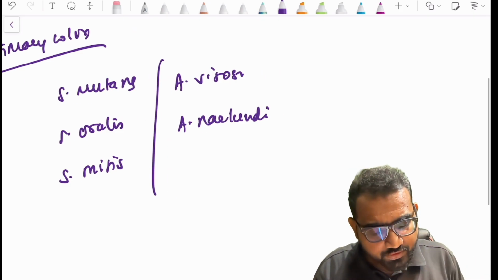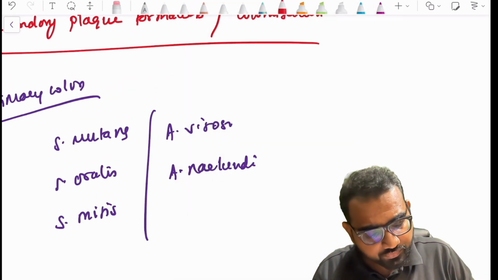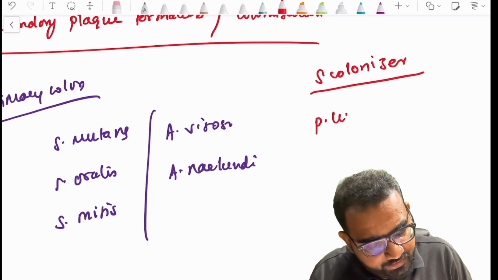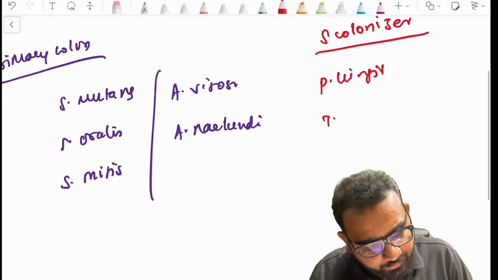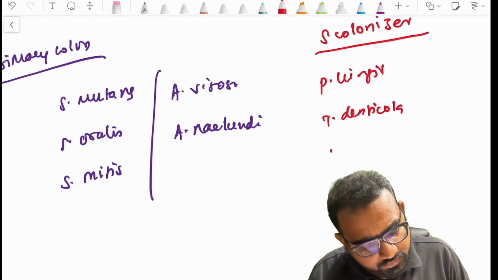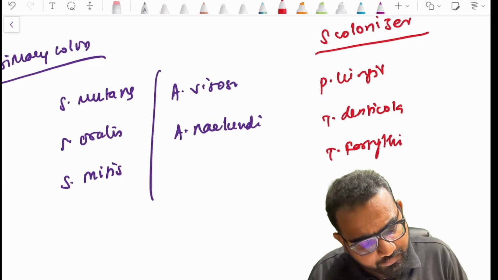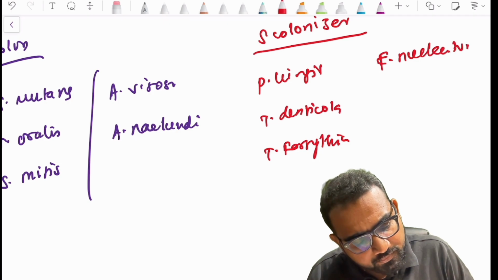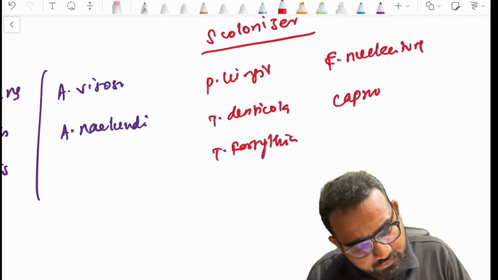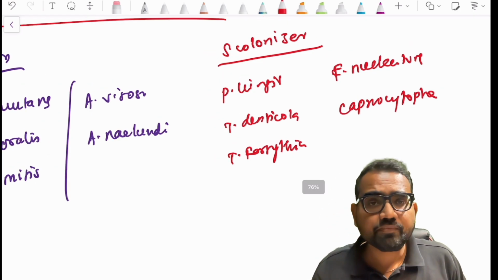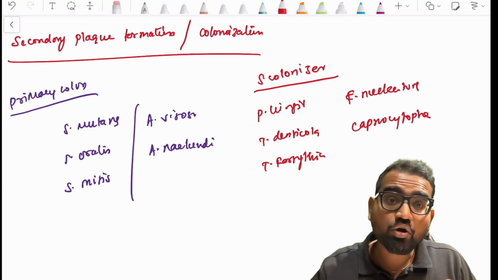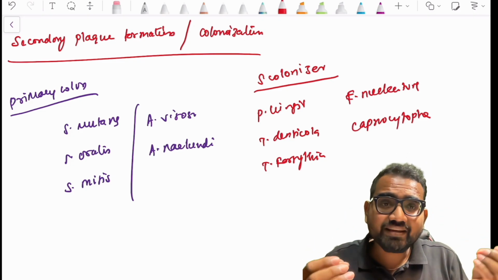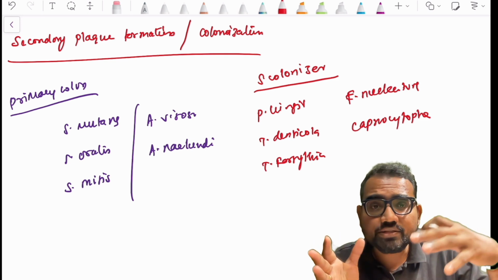The secondary colonizers of a plaque will be the red complex organisms: P. gingivalis, Treponema denticola, Tannerella forsythia, and also other bacteria, the main one being Fusobacterium nucleatum, and Capnocytophaga species. The primary colonizers, already formed in the initial bacterial addition, make space for the secondary colonizers to come and attach.